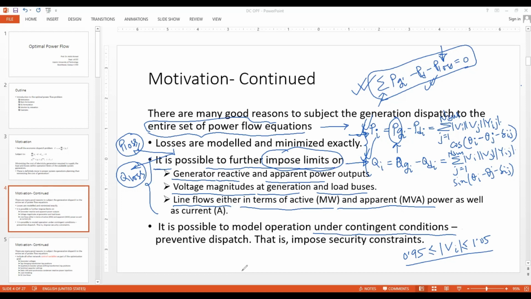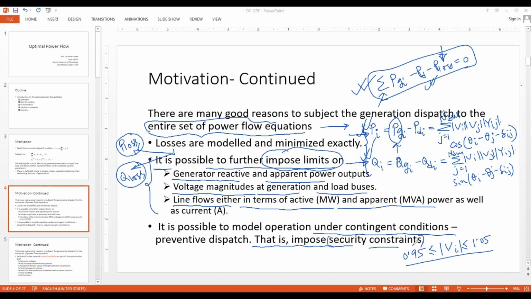And in those contingency conditions, what will be the response of our system? How will the power flow change? Or will these contingency conditions, that is absence of a line or absence of a big generating unit, cause any trouble to the network? So this kind of constraints, we term simply as the security constraints.